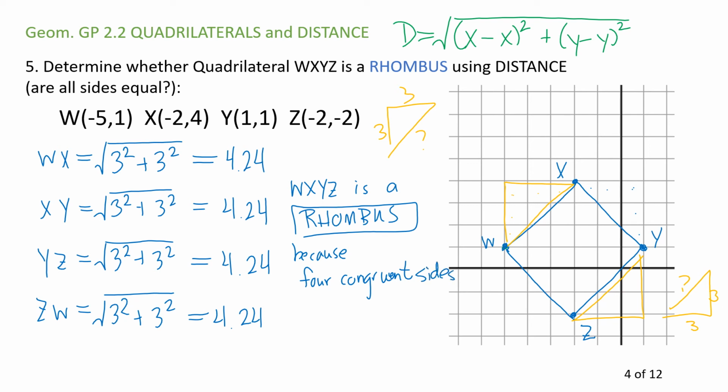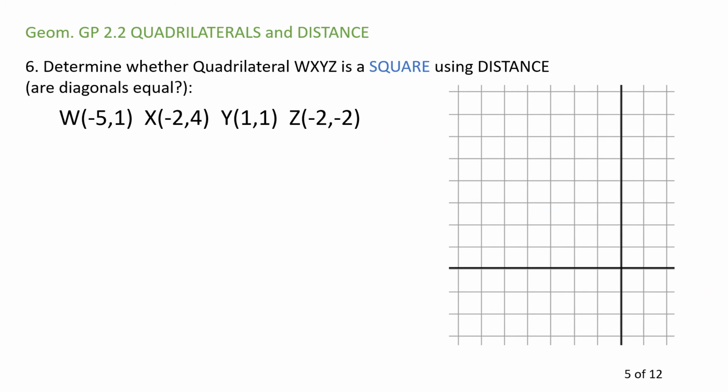If I use the slope, I could probably prove that these sides were parallel and actually prove that it's a square, which indeed it is. And that's what I'm going to do right now. I'm going to plot this again. And I'm going to prove that the diagonals are equal.